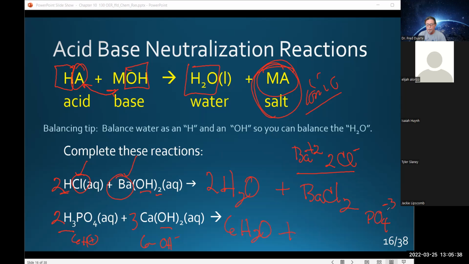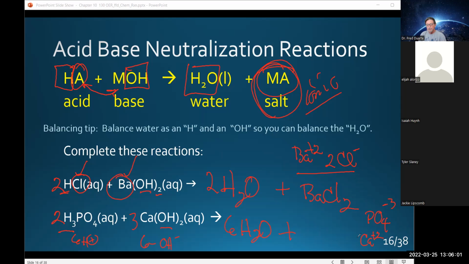Phosphate has a PO4 -3, and then the calcium has a +2, okay? And so in this case, in order to put these together, we have another disparity again, where we got a -3 and a +2. We're going to put them together such that they cancel each other out with respect to the ion charges.